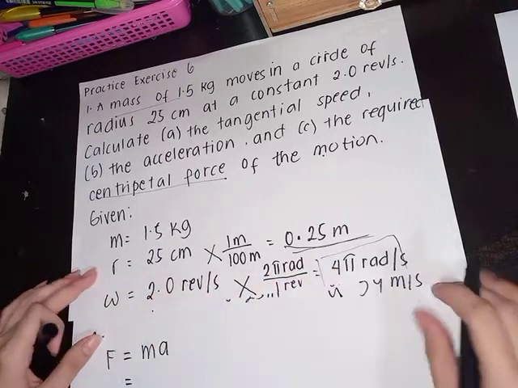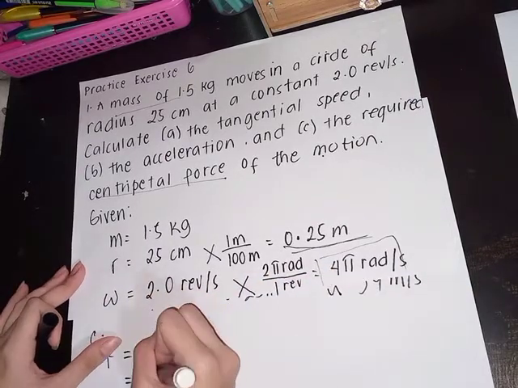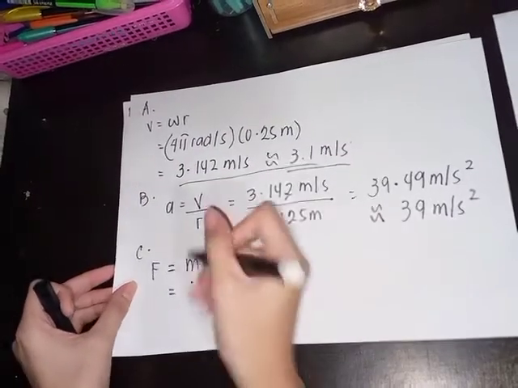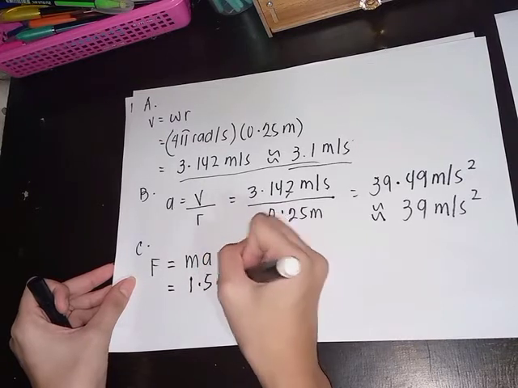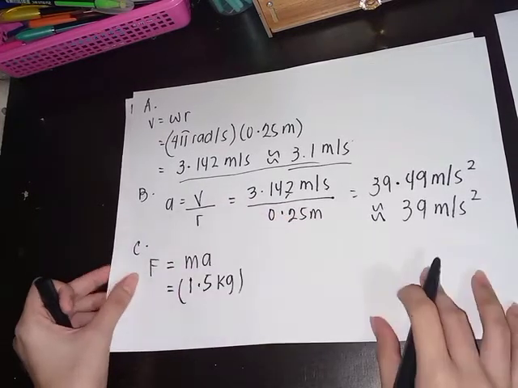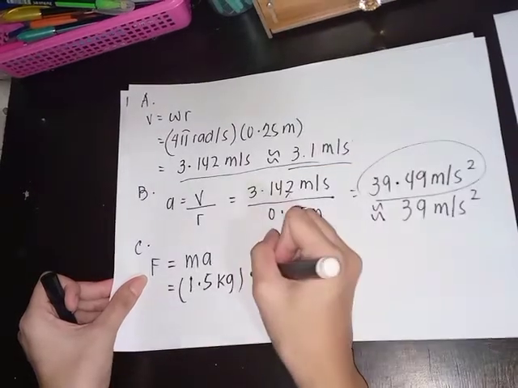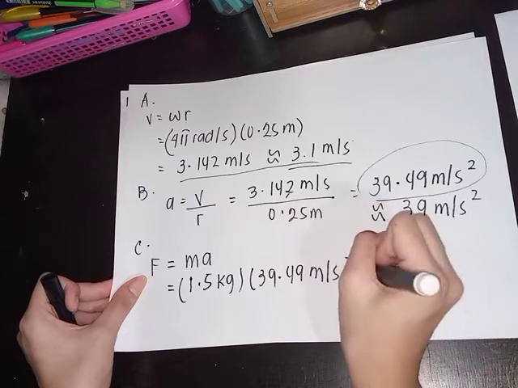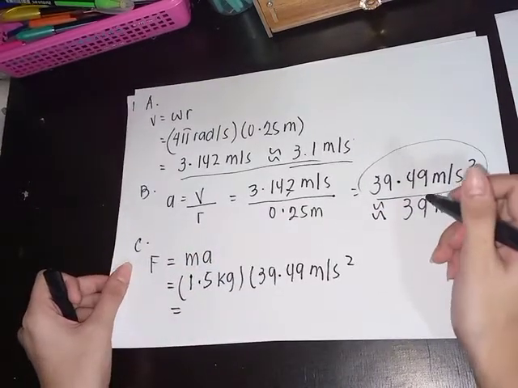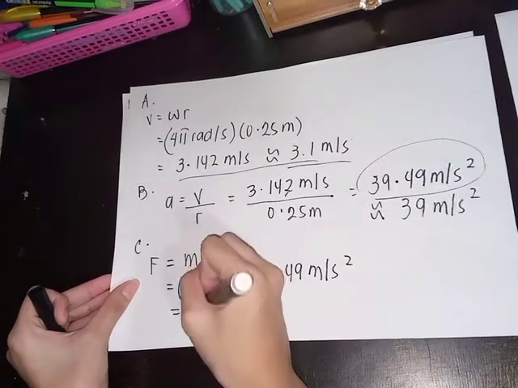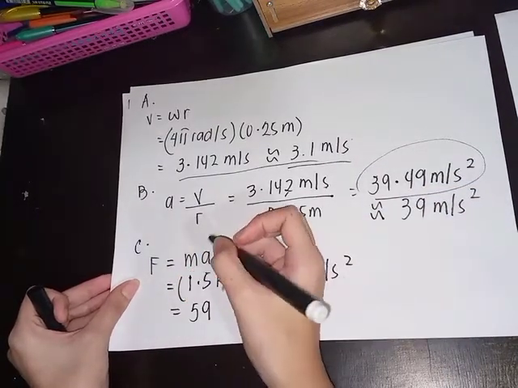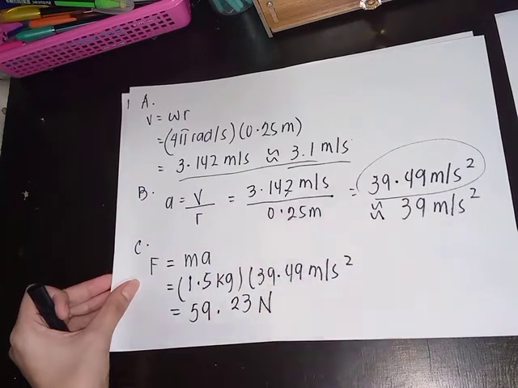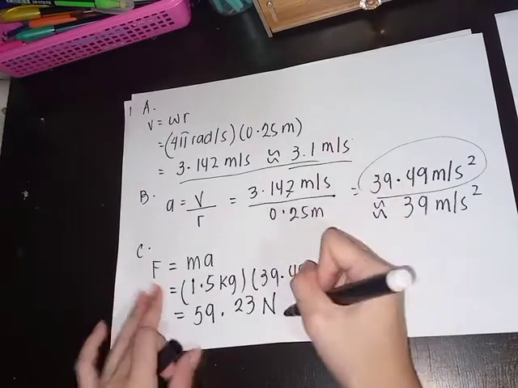So substitute, we have the mass of 1.5 kilogram, and then the acceleration of 39.49 meter per second squared is equals to 59.23 Newton, because force is a Newton.